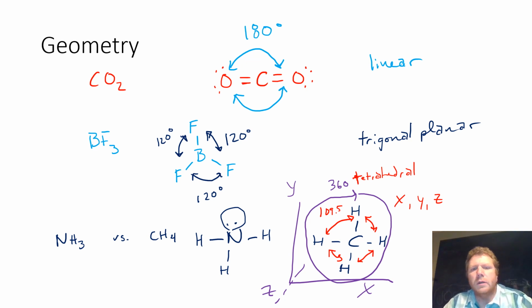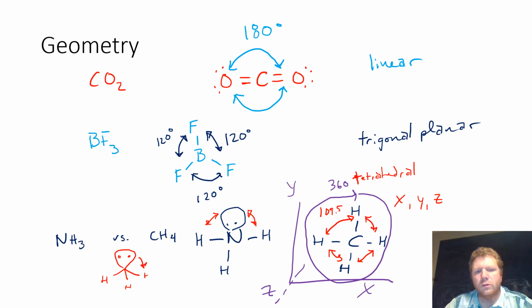Now, if we take something like NH3, what makes it unique is that it has a lone pair of electrons. And that lone pair of electrons is going to occupy a lot more space than these single bonded hydrogens. And what this ends up looking like is hydrogen, hydrogen, and here's our lone pair of electrons.